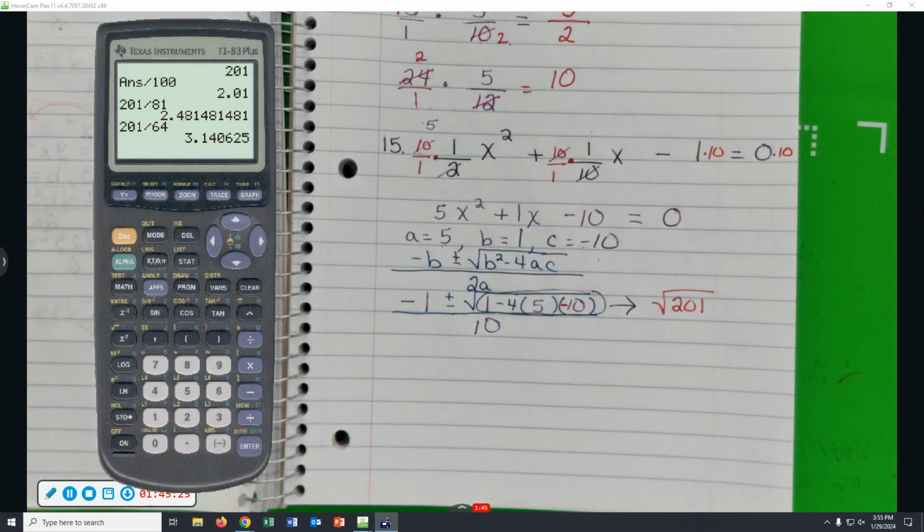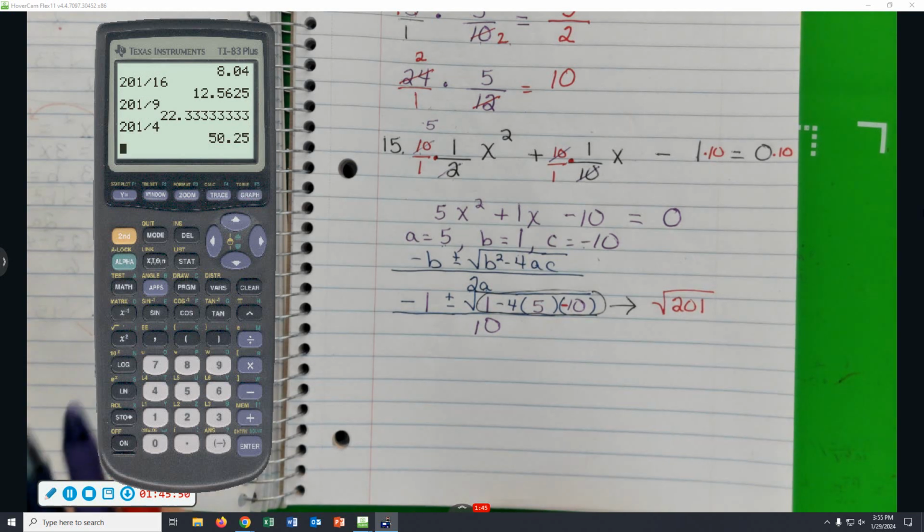Does 64 divide evenly? No. 49 doesn't. 36 doesn't. 25 doesn't. Y'all can tell me, just stop if you're convinced. Square root of 201, are we going to be able to simplify it? There is no perfect square that divides evenly into 201.